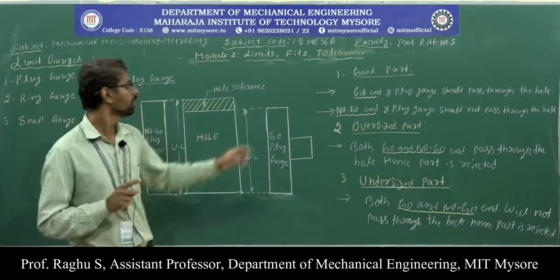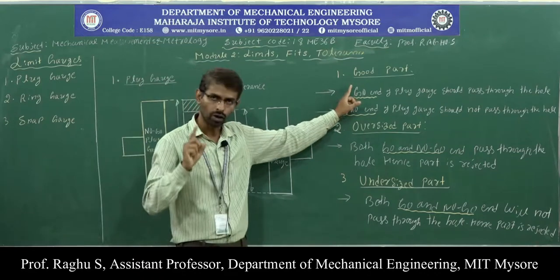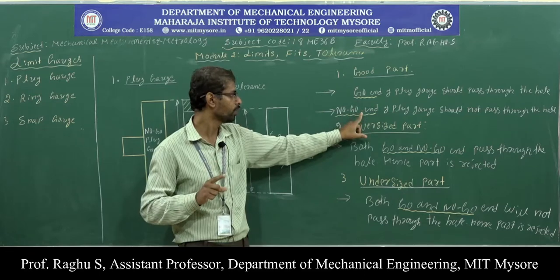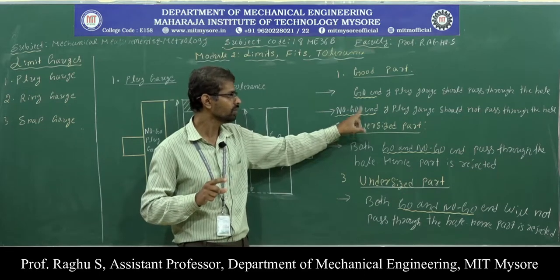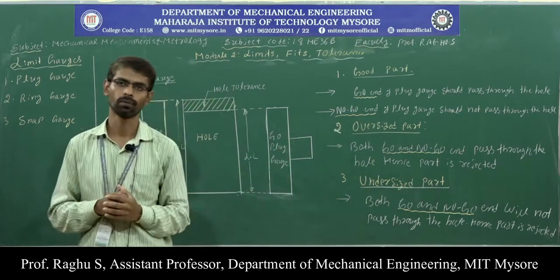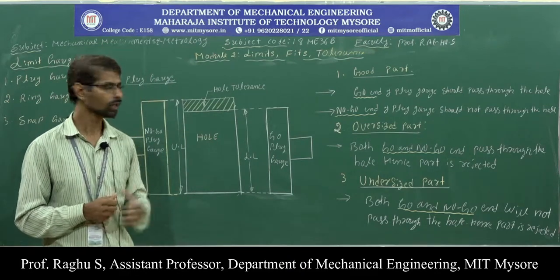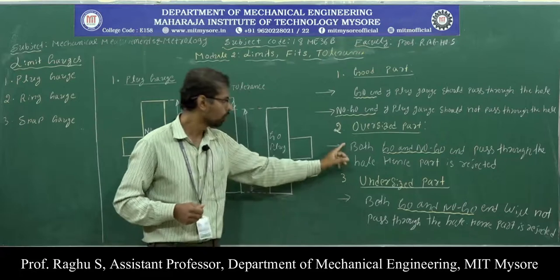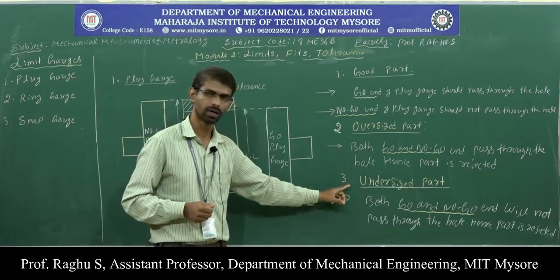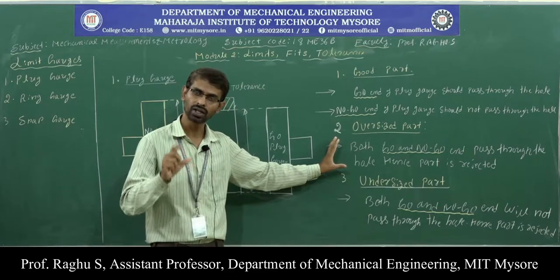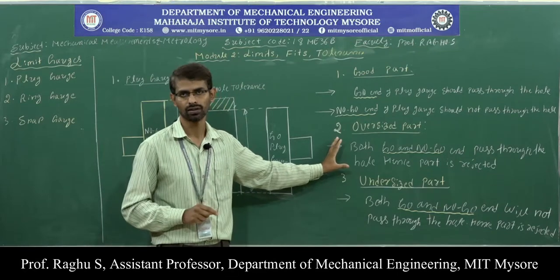So in conclusion, the part is accepted when the go end plug gauge passes through the hole and the no go plug gauge does not pass through the hole. The oversized and undersized parts are rejected since these two parts are not manufactured within the specified tolerance.